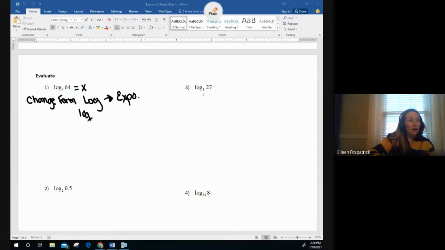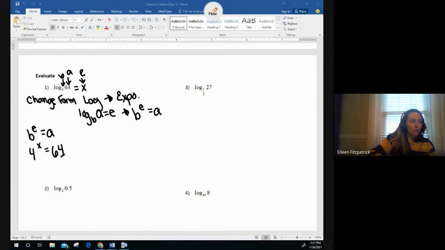Log is log bacon and eggs, but I want to go to expo form, which is base raised to an exponent equals an answer. Okay? So just like we were doing in the last problems, here's my B, bacon and eggs. And I want to be in B raised to the E equals A form because I want to go into expo form. So it's 4 raised to the x equals 64.